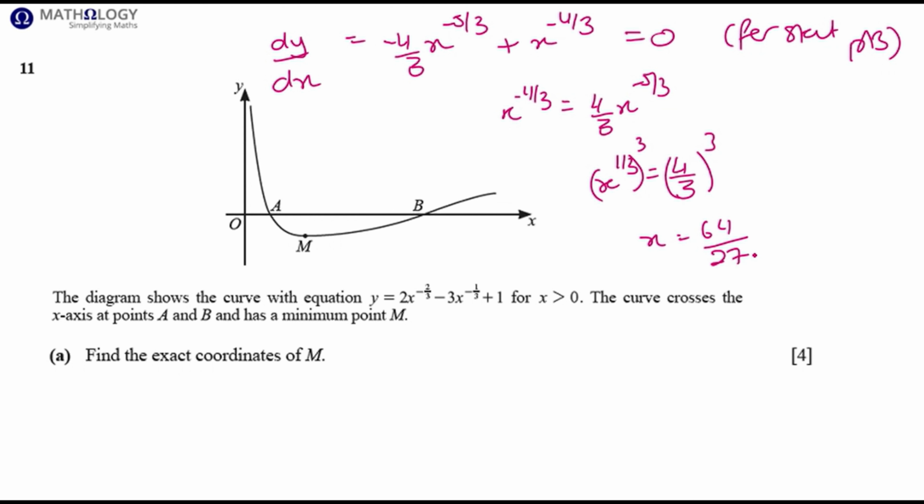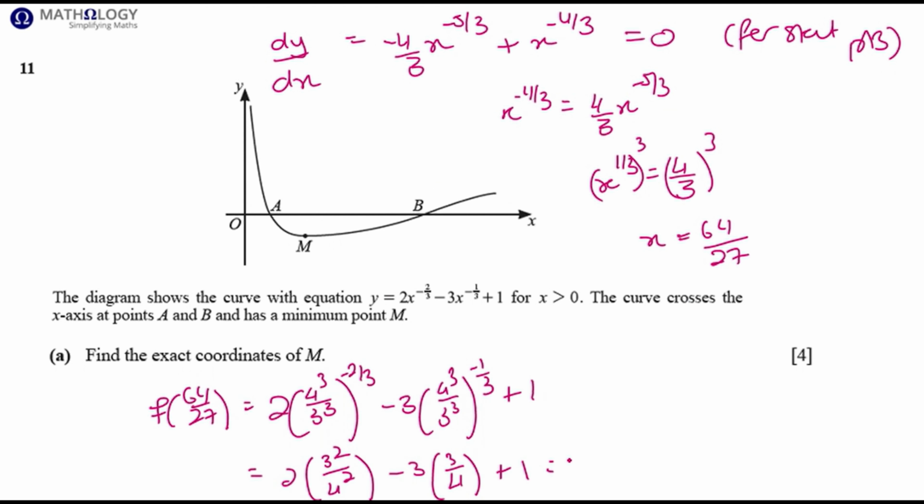So x is 64 over 27, and we need to now find the y coordinate of M, so we substitute this x value into the function. So f of 64 over 27 equals, so M is the point 64 over 27, minus 1 over 8.